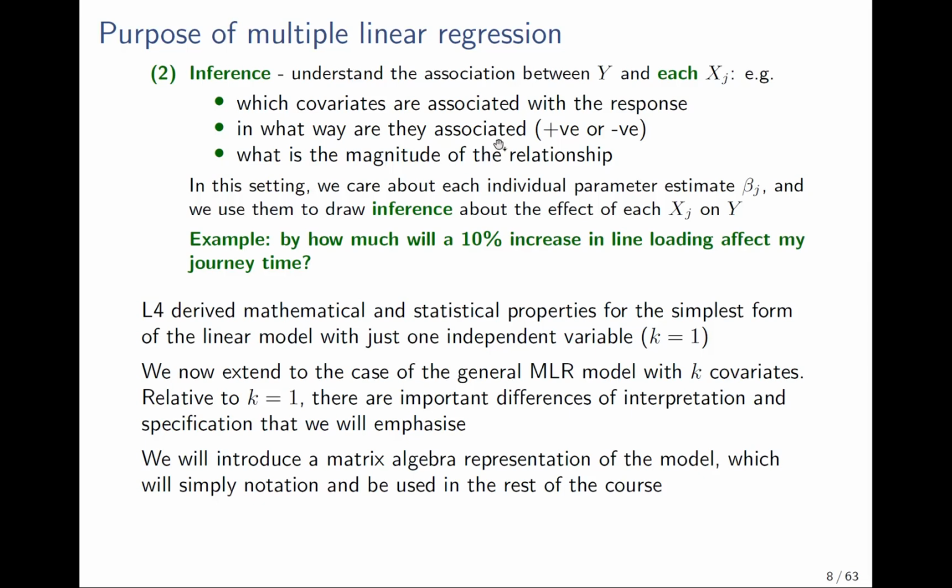In what way are they associated? Is it positive or is it negative? What is the magnitude of the relationship? And that's what the beta j's are going to measure. So in this setting, we do care about each individual parameter estimate, hat beta j, and we're going to use them to draw inference about the effect of each xj on y.